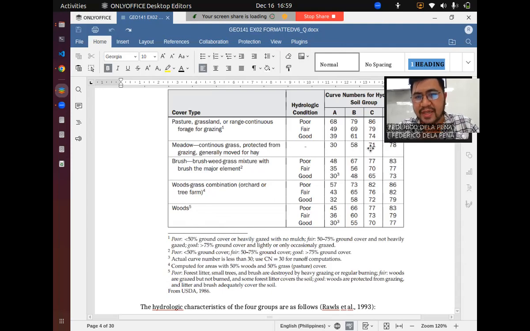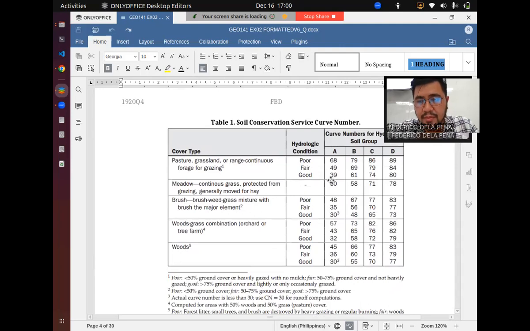Less than 50% vegetation is considered poor, 50 to 75% vegetation is fair, and more than 75% vegetation is good. You will notice that the more vegetation you have, usually it translates to more infiltration. You can also observe here that good hydrologic condition means lower SCS curve numbers.